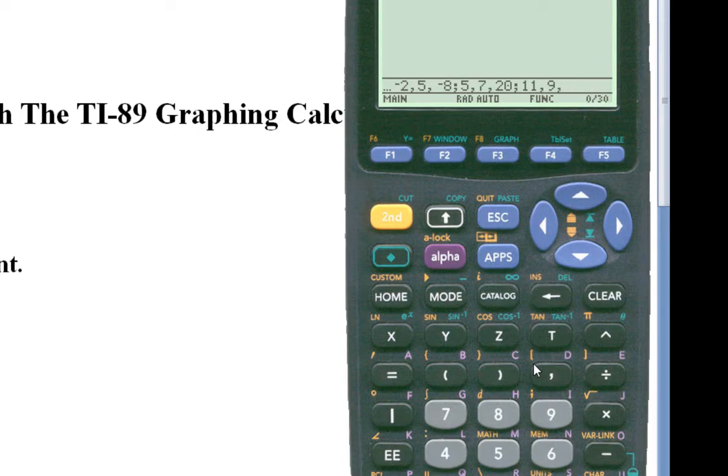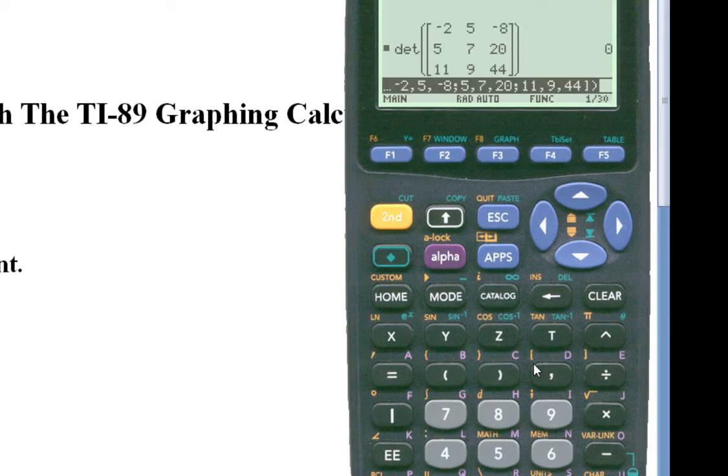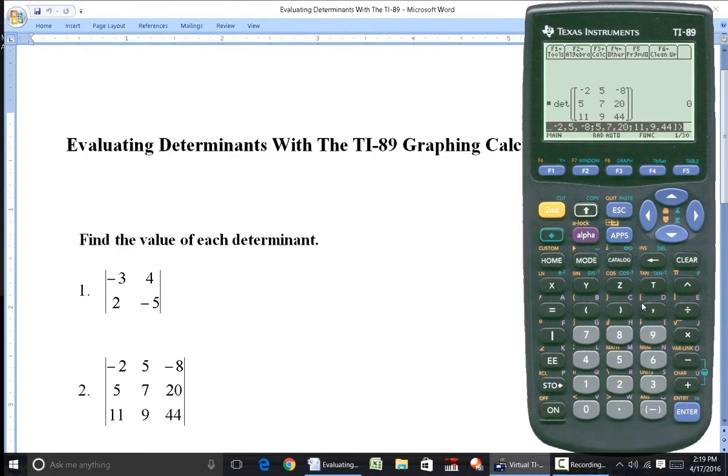And then second bracket, parentheses, and then enter, and I get 0. So it's very easy to make a mistake. So double check your entries, and you can see them there clearly. -2, 5, -8, 5, 7, 20, 11, 9, and 44, and this answer comes out to 0.